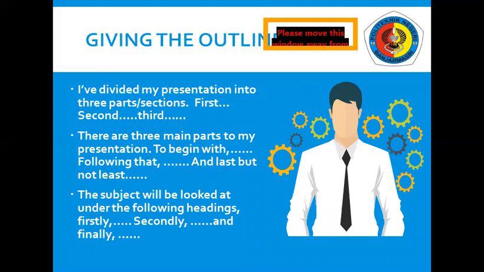First, blah, blah, blah. Second, blah, blah, blah. Third, blah, blah, blah. There are three main parts to my presentation. To begin with, blah, blah, blah. Following that, blah, blah, blah. And last but not least, blah, blah, blah. The subject will be looked at under the following headings. Firstly, blah, blah, blah. Secondly, blah, blah, blah. And finally, blah, blah, blah.